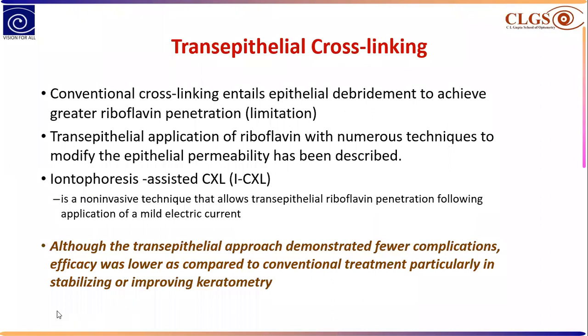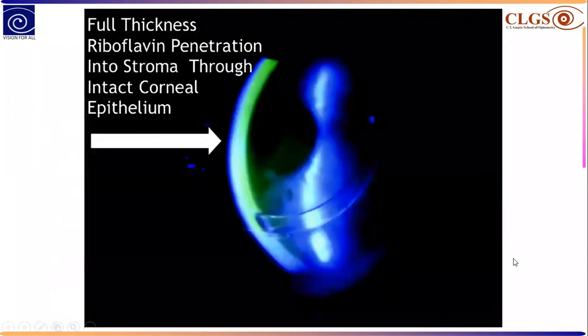But there are studies showing that the transepithelial approach, though it demonstrated fewer complications, has low efficacy as compared with the accelerated or conventional treatment. That's why it is not a very preferred technique, because its efficacy is not as good.